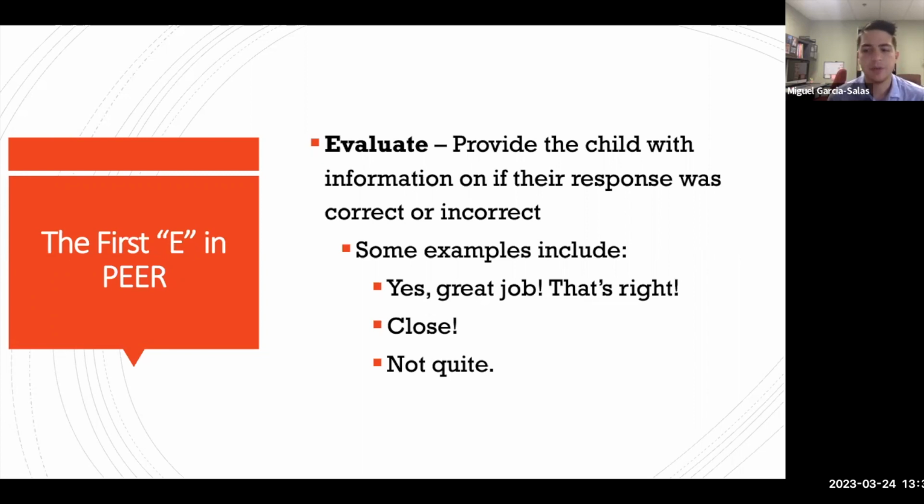But other times, if you're asking more of an open-ended question, they're talking about themselves or something like that, then we're just going to tell them, great job for responding. Okay, so as you can see, yes, great job, that's right, or close, or not quite. These are some examples of evaluating a child's response.